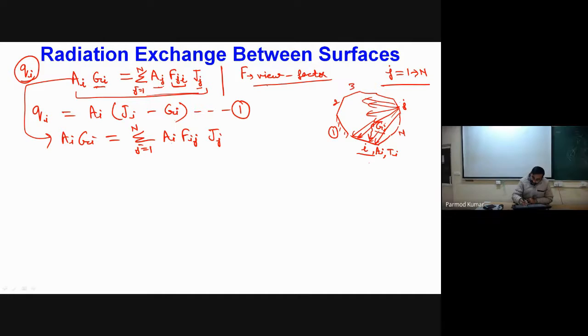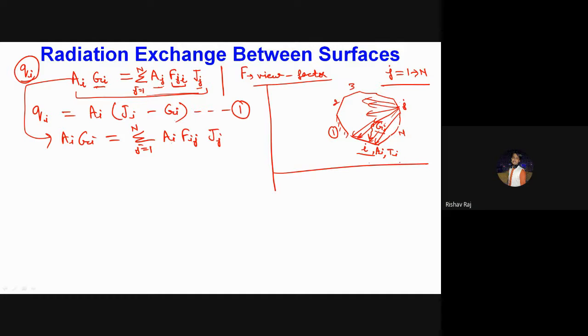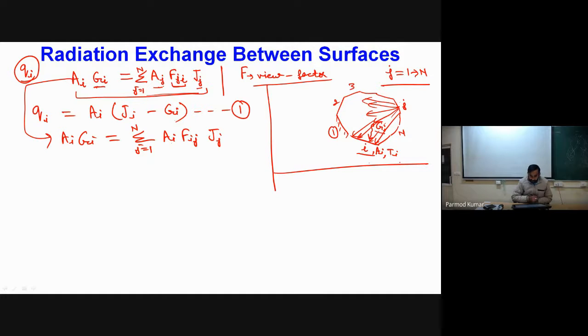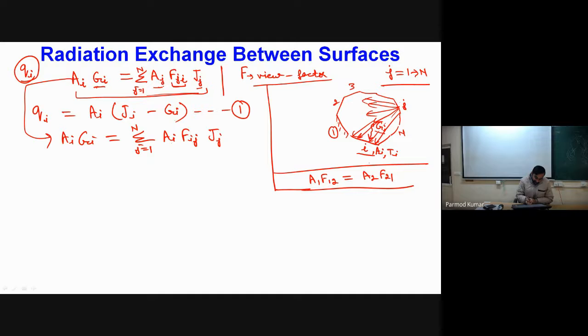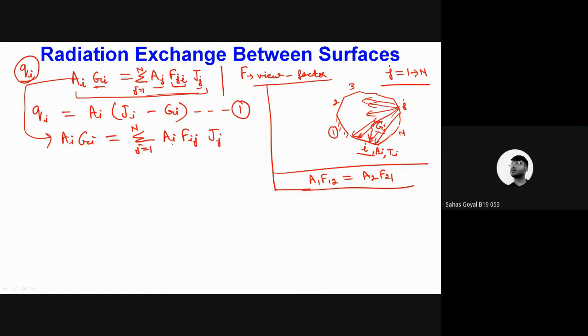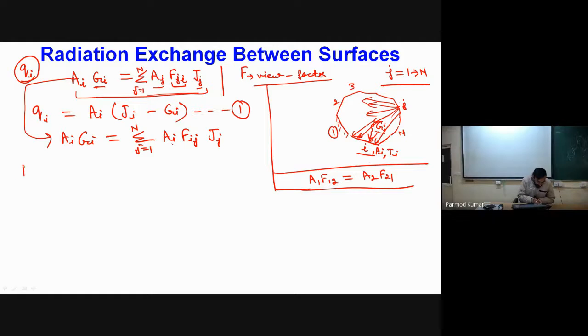So if you remember the lecture on view factor, I explained the rule of reciprocity, where A1 into F12 is equal to A2 into F21. Do you remember this rule of reciprocity? Yes, sir. Because of this rule of reciprocity, I can write it as Ai into Fij. Now if I substitute in equation 1, what will I get?